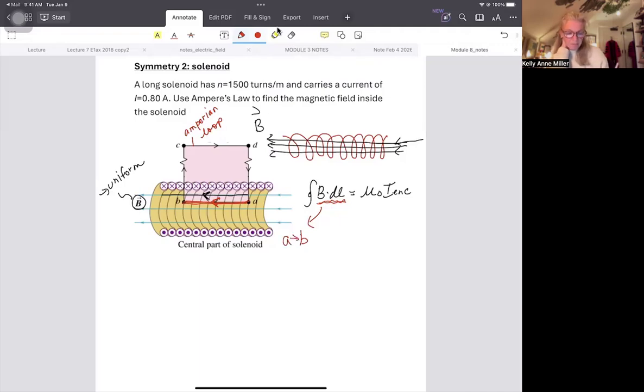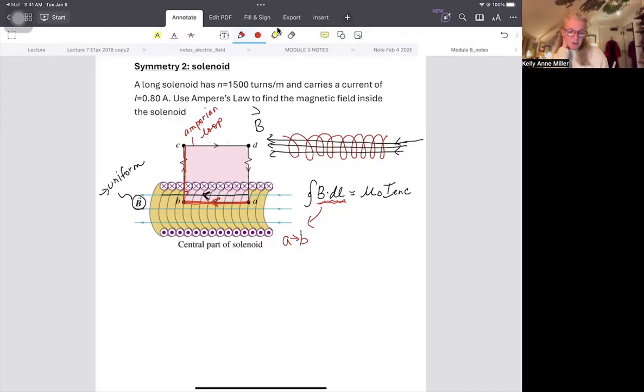Because from B to C, the path from B to C is perpendicular to the magnetic field.